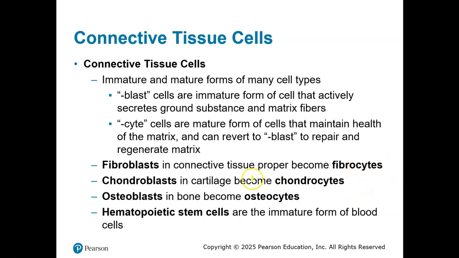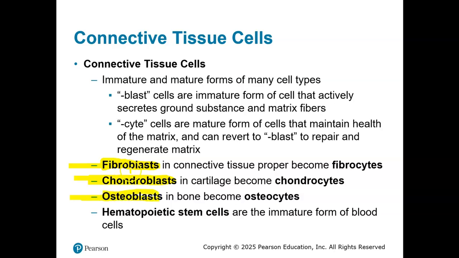So they're just cells that are mature, and they function in maintenance of the tissue. Some of the cells that we see are fibroblasts, which are cells in connective tissue that produce the protein fibers that we just named. Chondroblasts produce cartilage matrix, and osteoblasts produce bone matrix.